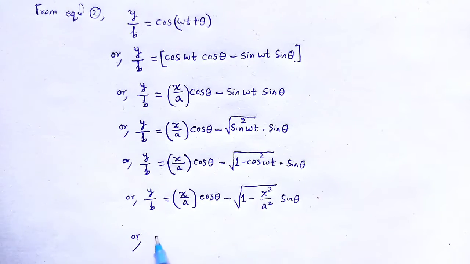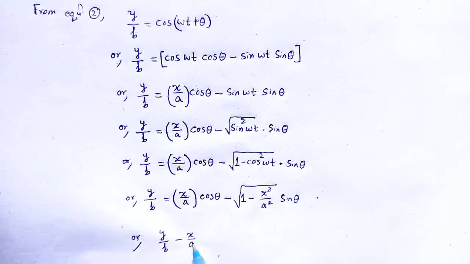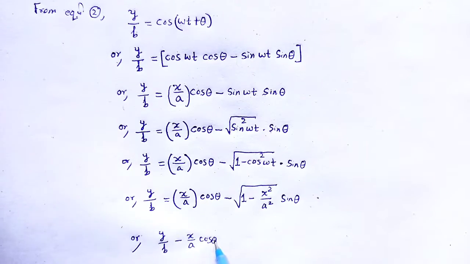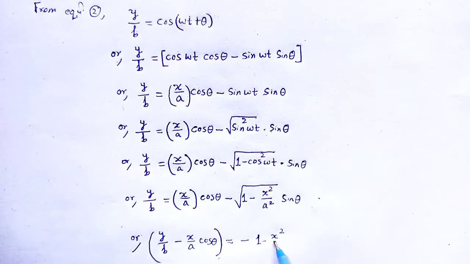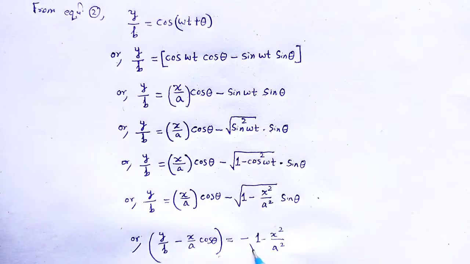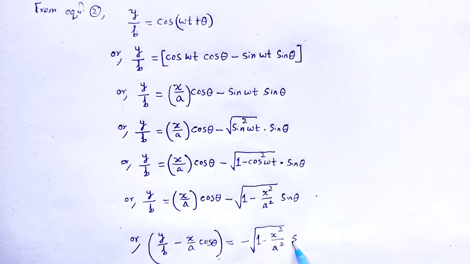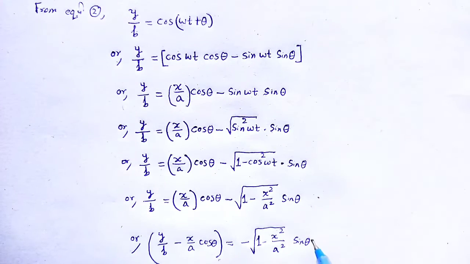Or y by b minus x by a cos theta is equal to minus the square root of 1 minus x square by a square, sin theta.